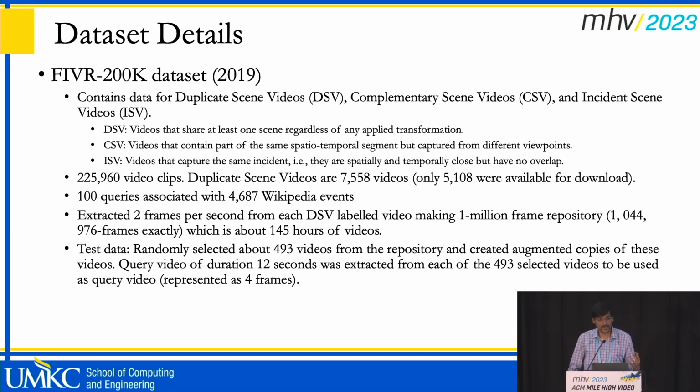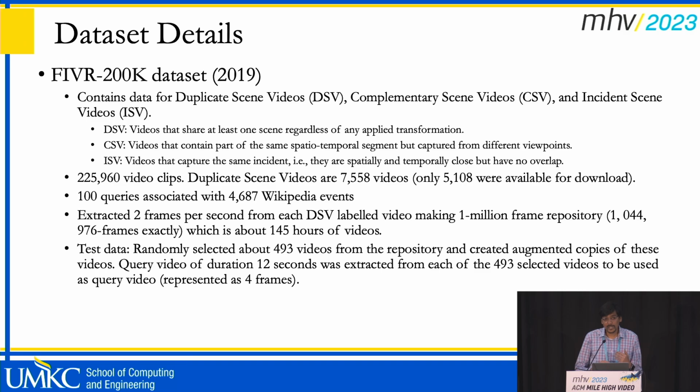For the experimental data set, we are using the FIVR 200K data set. This is a video retrieval data set with different subsets. Particularly, what we are interested in is the DSV subset, the duplicate scene video subset.